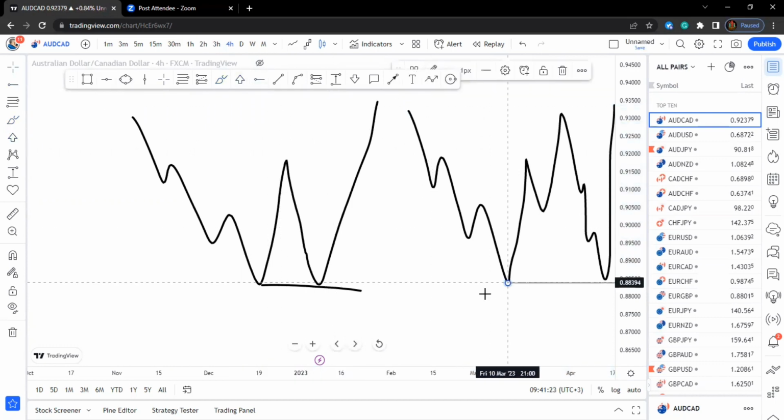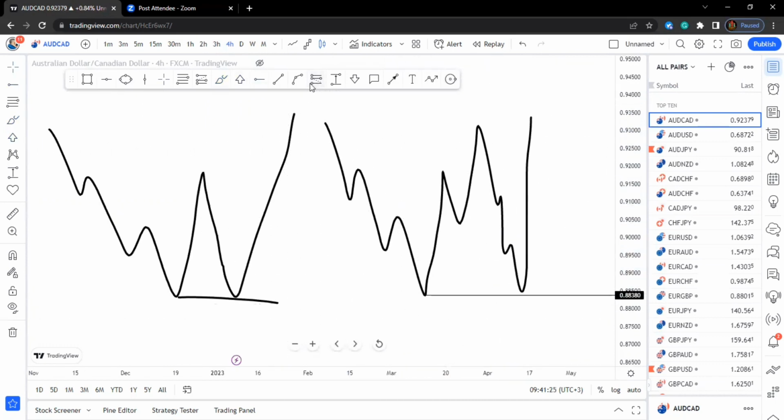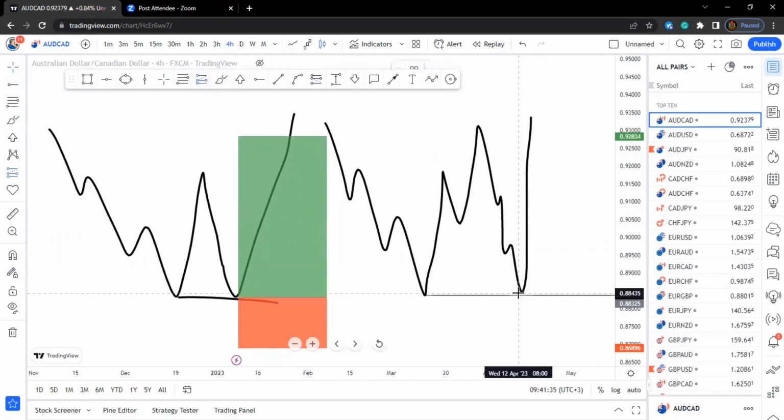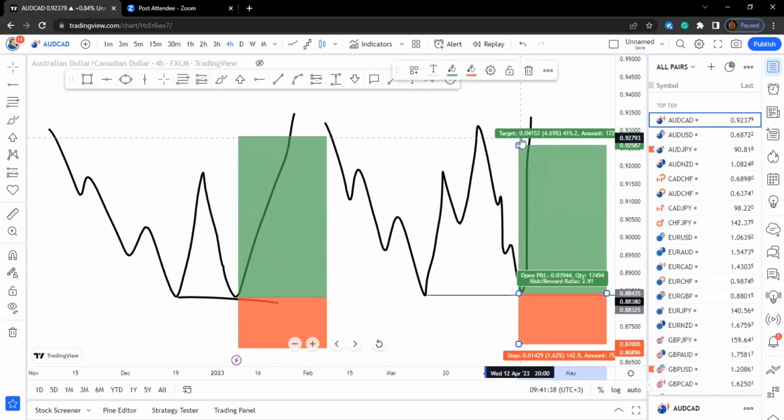Well, these all are setup ambazo tunaweza tukazitumia kubenefit from trading. So from there, we can take a buy from this point here to the top side, then we can take also from this point here to the top side. So that's SR setup. Let me show you an example of SR setup on Euro JPY and GBP USD.